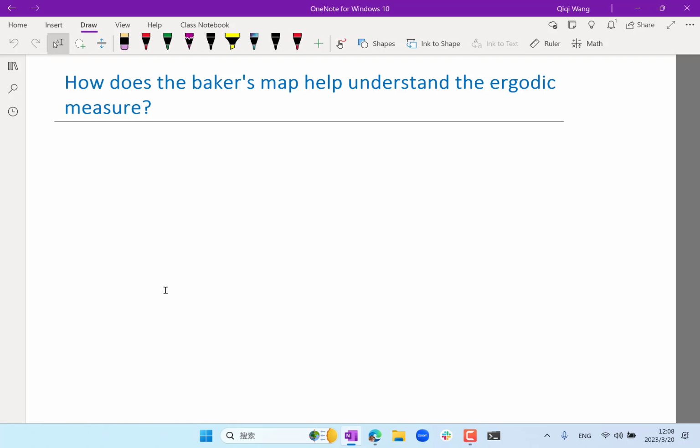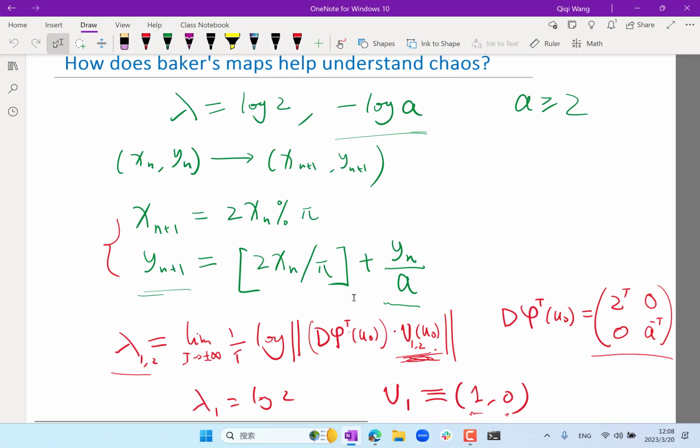Let's first start with a equal to 2. We have this domain where x goes from 0 to pi, and y goes from 0 to 2, because 2 is the maximum possible number you can ever get from the Baker's map. So the first number here is always going to be either 0 or 1.